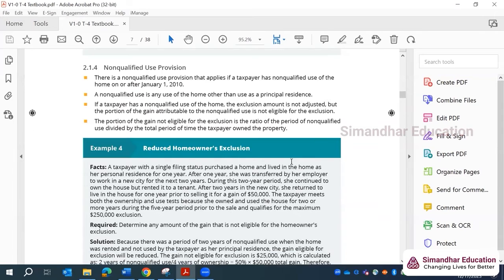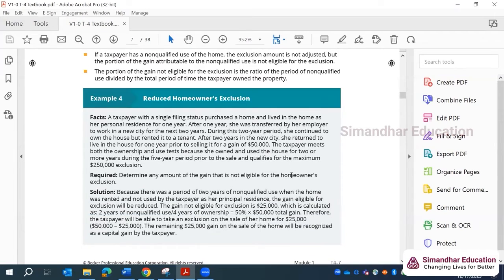All right. So let's look at this example here. A taxpayer with a single filing status purchased a home and lived in that home as her principal residence for 1 year. After 1 year, she was transferred by her employer to work in a new city for the next 2 years. During this 2-year period, she continued to own the house but rented it to a tenant.